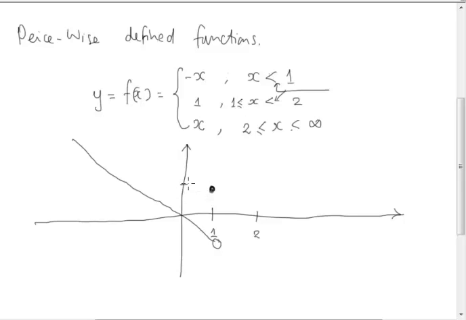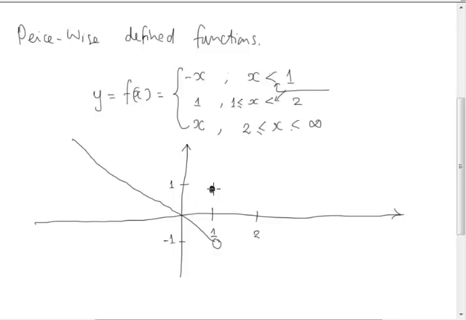Now this here is a 1, and maybe here this is actually minus 1 according to the definition of the function. So you see, if I put an equal sign at 1 there, then this will be a dot and that's a dot, which would mean at 1 the function has 2 values. Do you see that? But the function is not supposed to have 2 values at a given input.